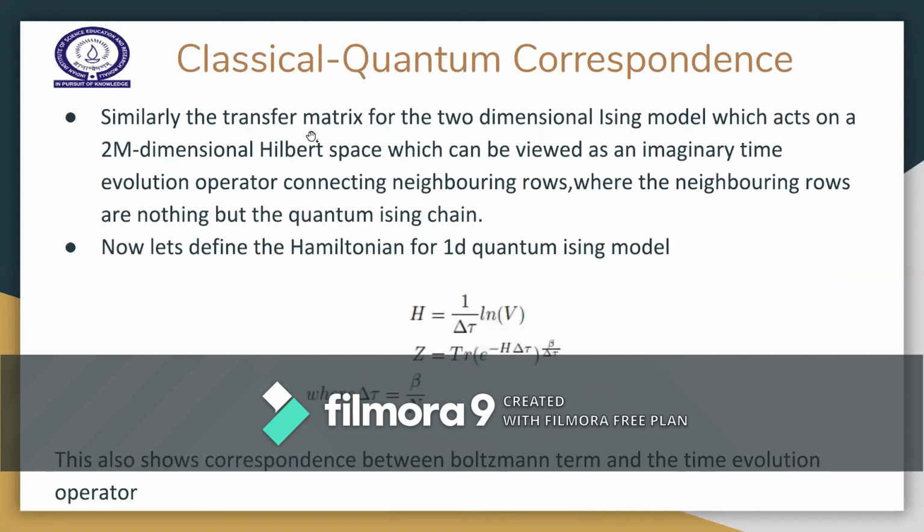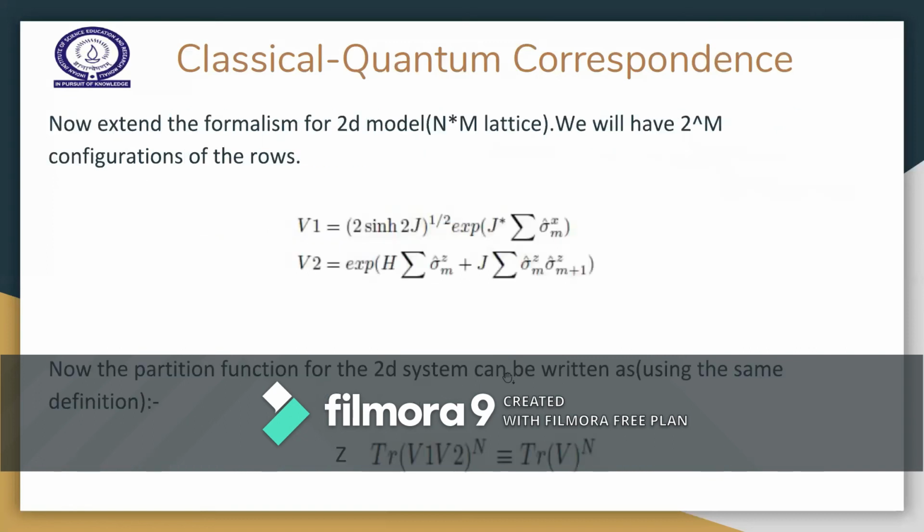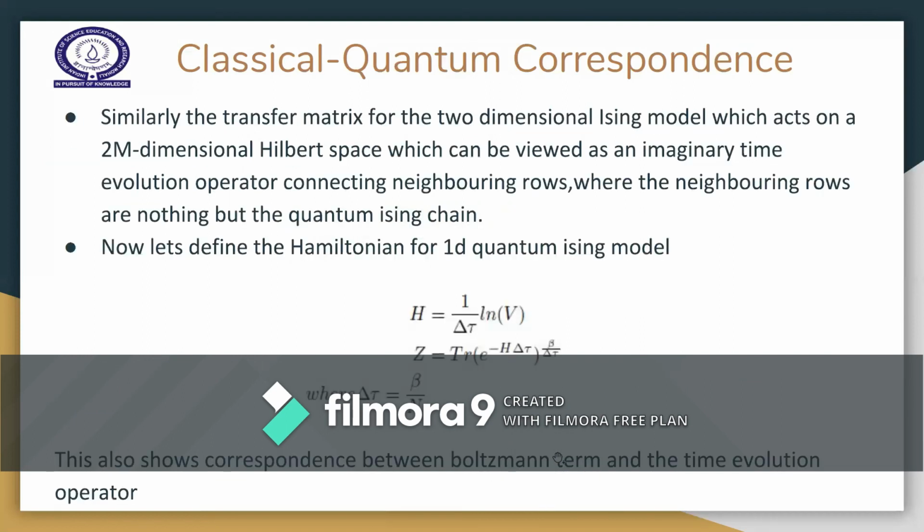Similarly, the transfer matrix for the two-dimensional model, which acts on a 2^m dimensional Hilbert space, can be viewed as an imaginary time evolution operator connecting neighboring rows, where the neighboring rows are nothing but the quantum Ising chain. If we see the Hamiltonian of the 1D quantum Ising model, which is this, we can see that the structure of the 1D quantum Ising model and the structure of the 2D Ising model is the same.